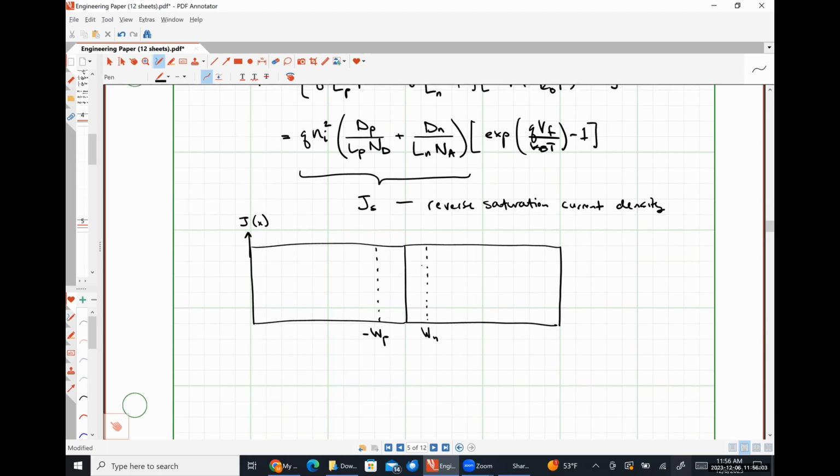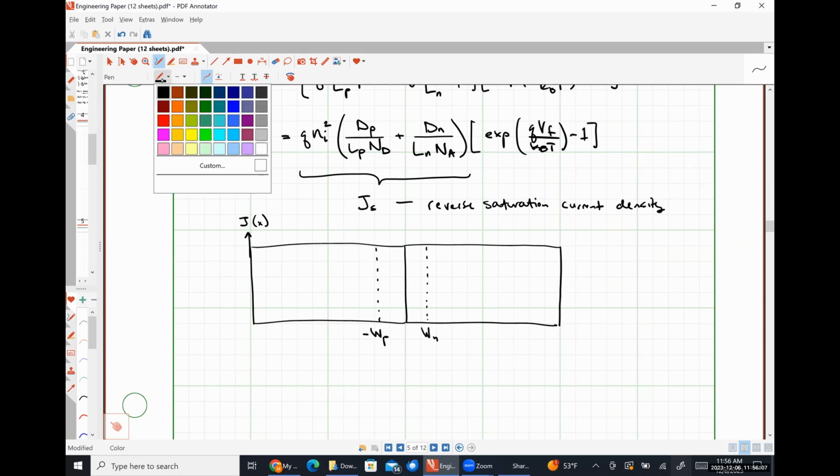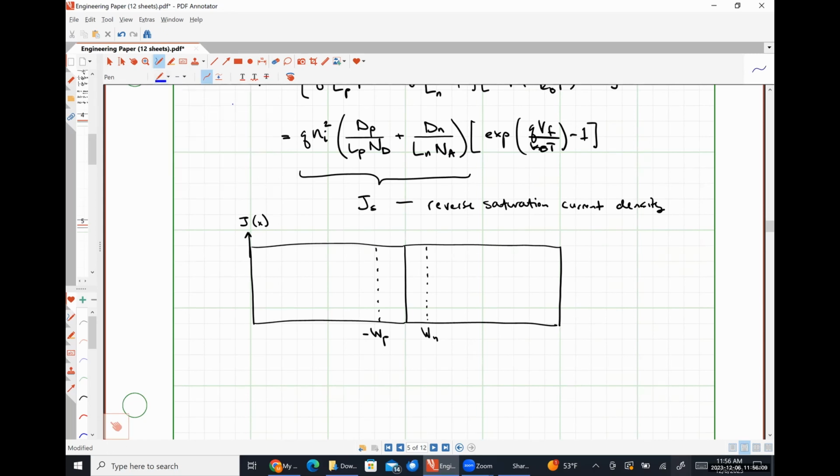We should see that, let's see, I've been doing electron stuff in blue, so we should see something like this.